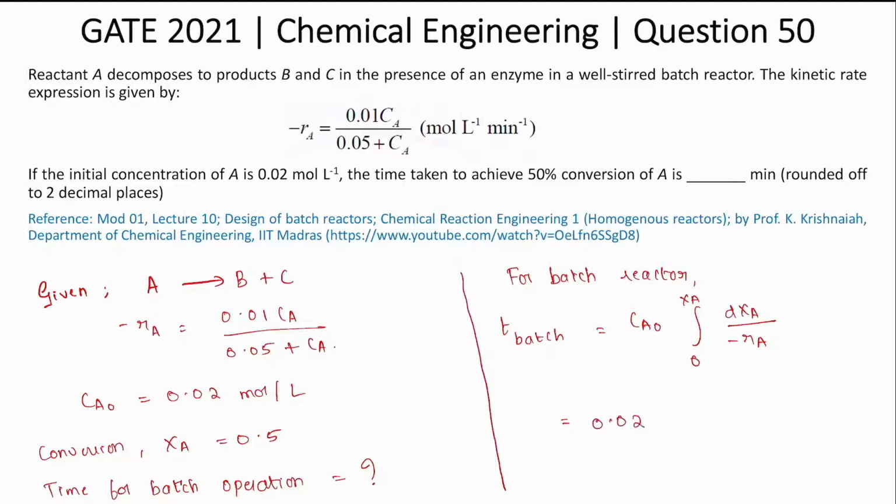So just substitute the values that we have. So t batch will be 0.02 into integral of 0 to Xa, which is 0.5, dXa by minus Ra, and minus Ra will be 0.01 Ca by 0.05 plus Ca.